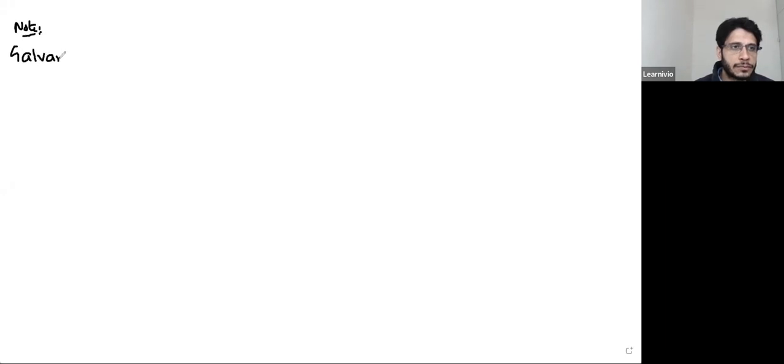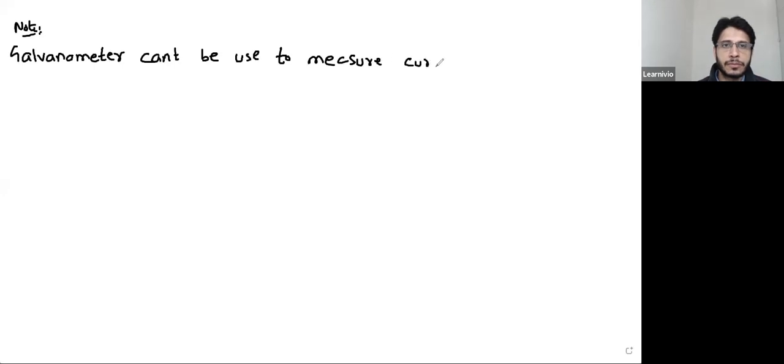Galvanometer can't be used to measure current due to the following two reasons.